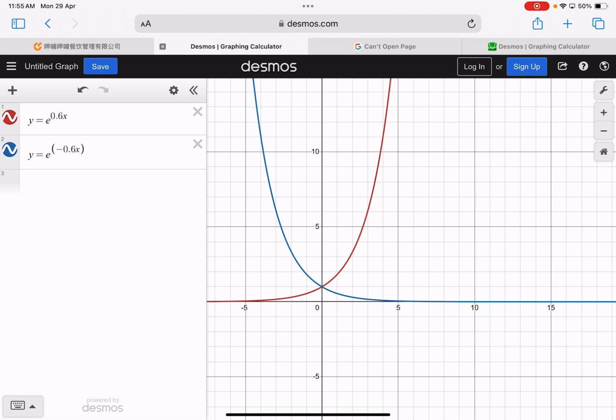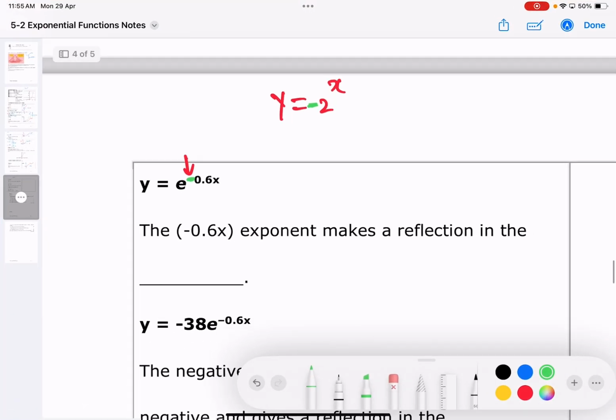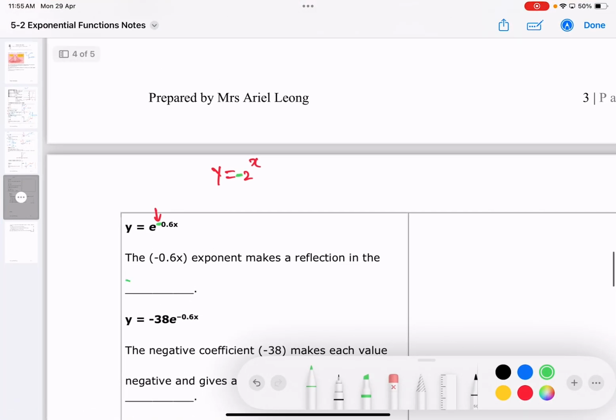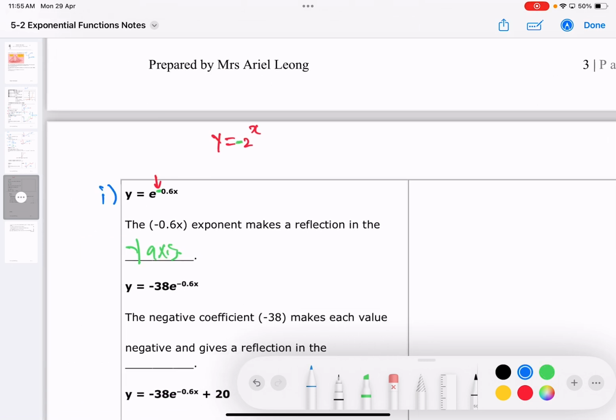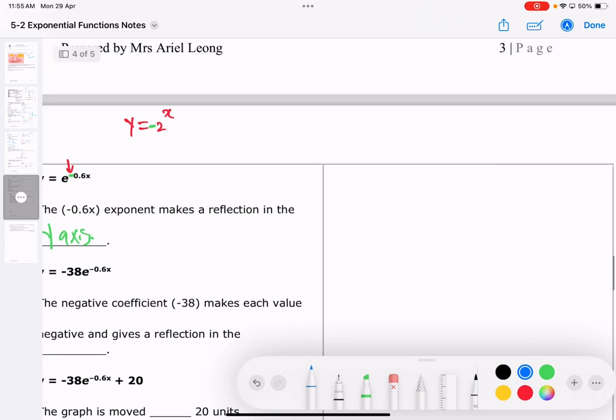Okay, so this is just something to take note of. So here makes a reflection in the y-axis. Okay, so again, how does it look like? And this one I think it might be useful to sketch out both of the graphs.